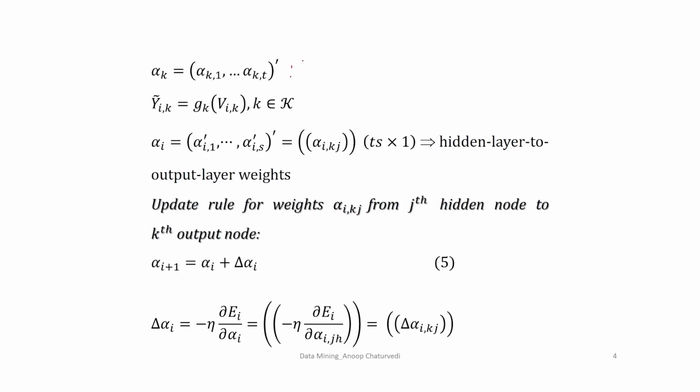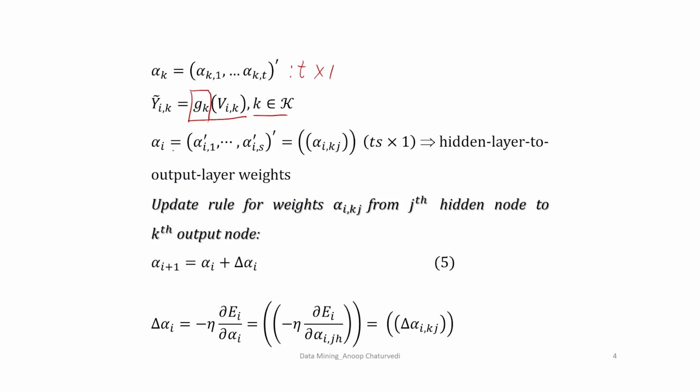Obviously, this is T cross 1, and y curl_ik is equal to G_k of V_ik. G_k is the activation function at the output node, and this is for all k.